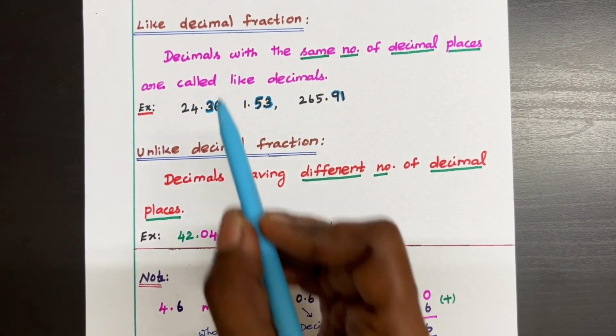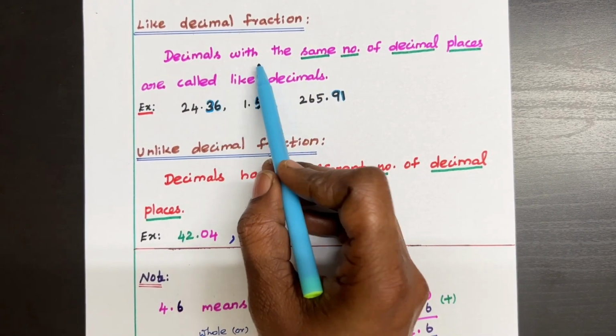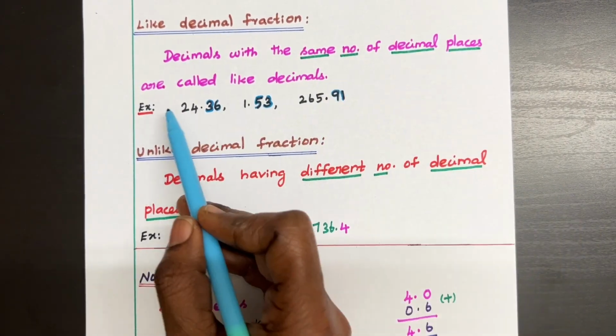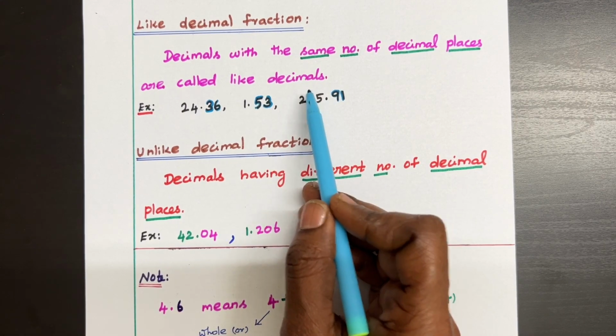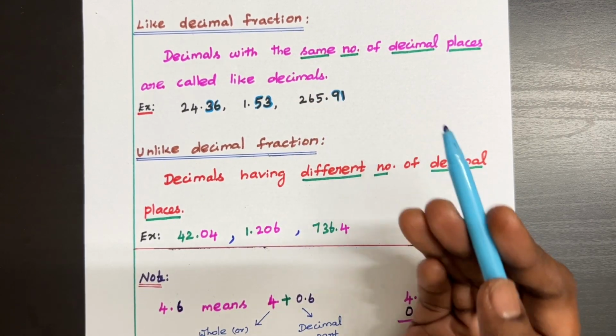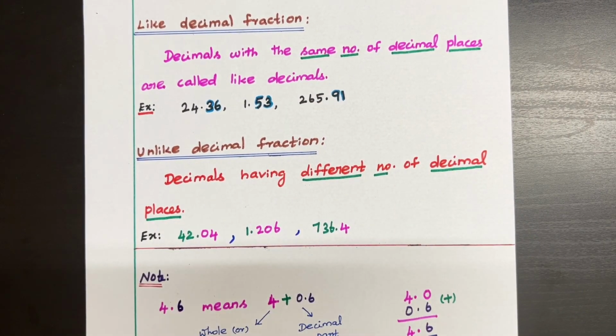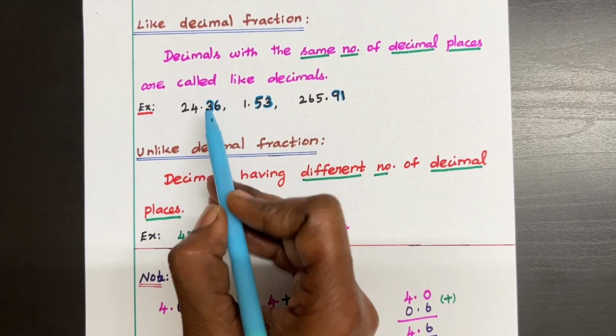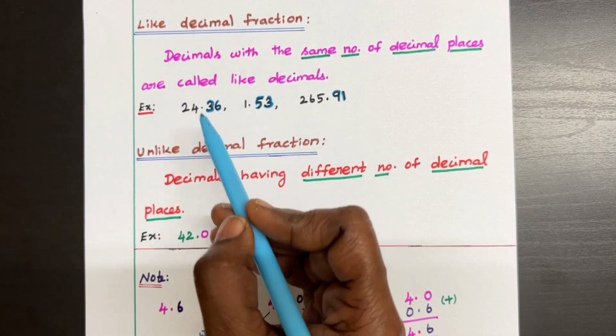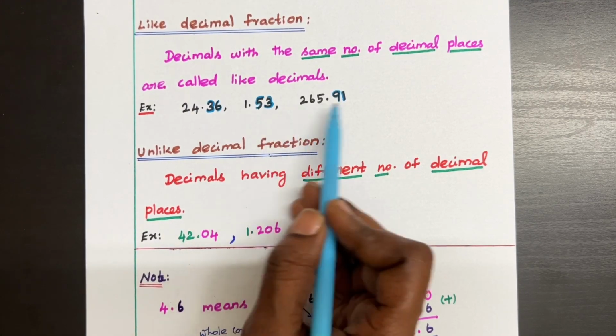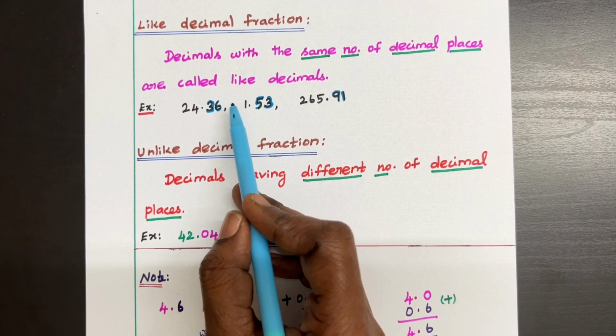Like decimals: decimals with the same number of decimal places are called like decimals. In fractions we have seen that like fractions means we have the same denominators for all the given fractions. Like that, here it is a decimal. So if you have the same number of decimal places, it is called like decimals.